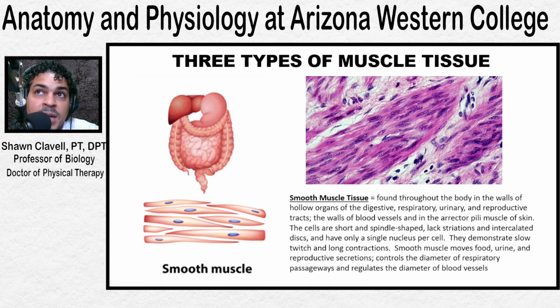The characteristics of smooth muscle tissue include their long or oblong shape, or maybe even spindle shaped, as we can see here. They lack striations. They also lack intercalated discs, so there's no presence of intercalated discs. And we can see here they're uninucleated. There's one nucleus per cell.